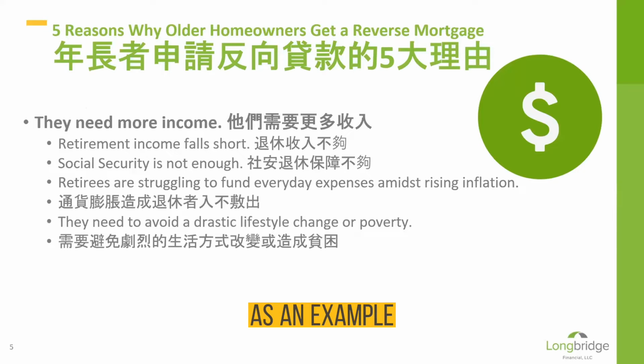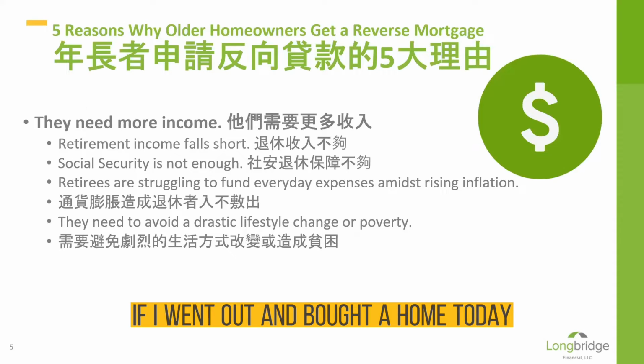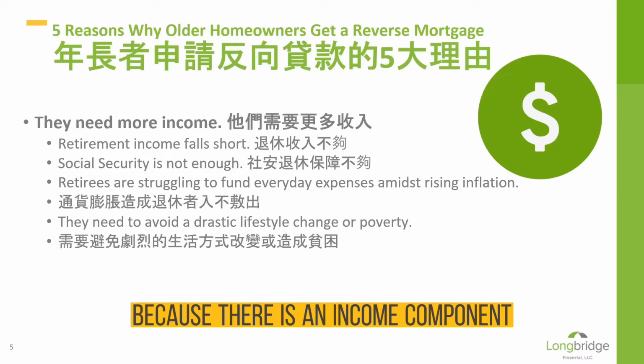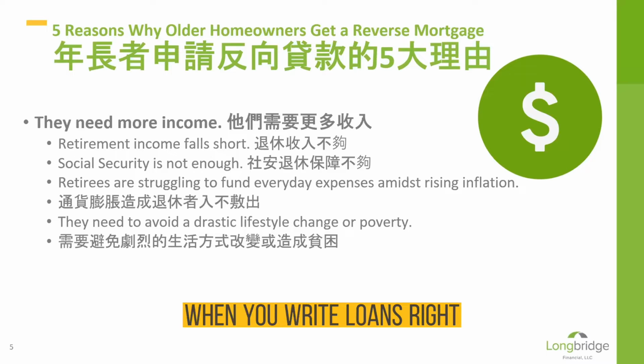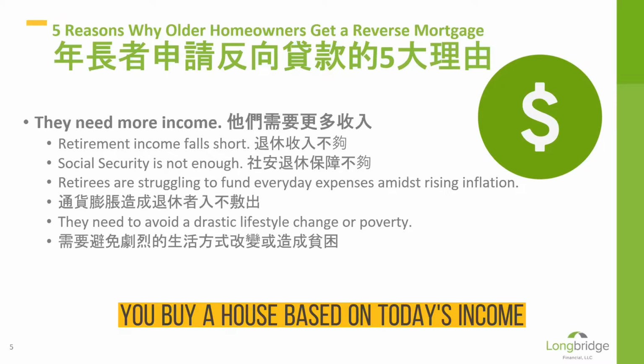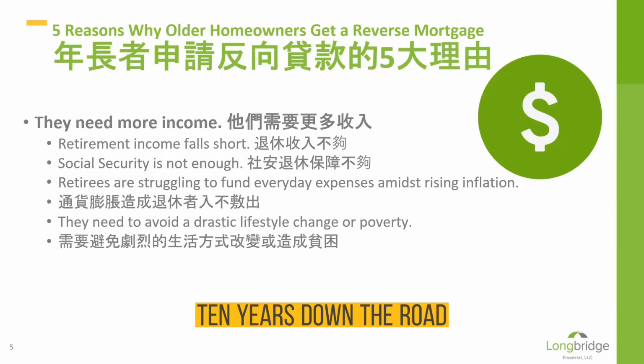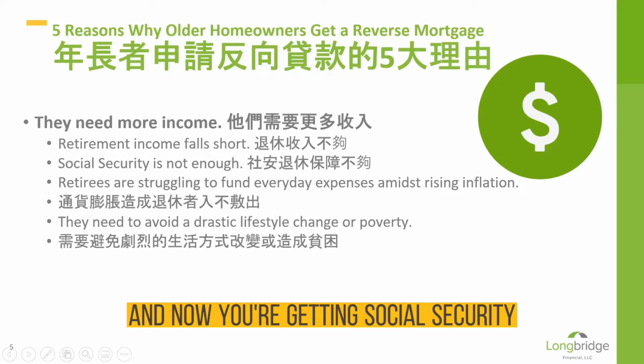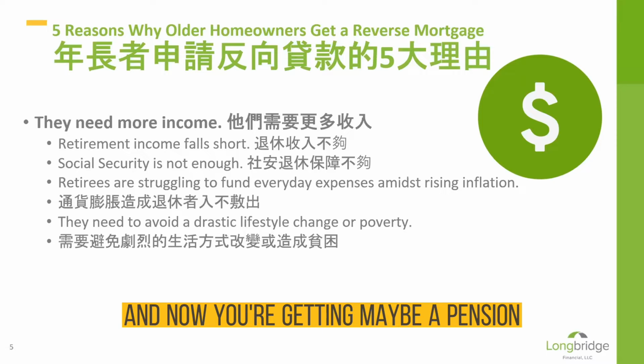As an example, if I went out and bought a home today using my income, because there is an income component when you write loans, right? You buy a house based on today's income, but 10 years down the road, 15 years down the road, you're no longer working. And now you're getting Social Security, and now you're getting maybe a pension.